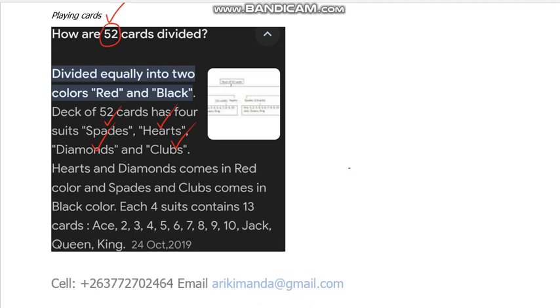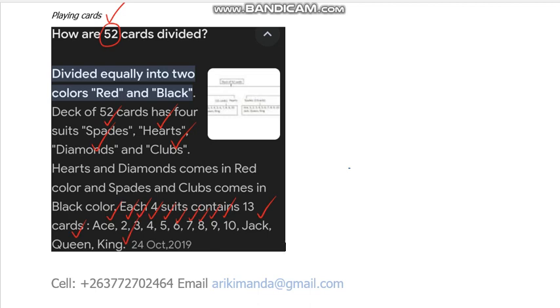And take note of this. These 52 cards that come in 4 designs are also further broken down. There is an ace, there is a 2, a 3, a 4, 5, 6, 7, 8, 9, and 10. And there is a jack, a queen, and a king.